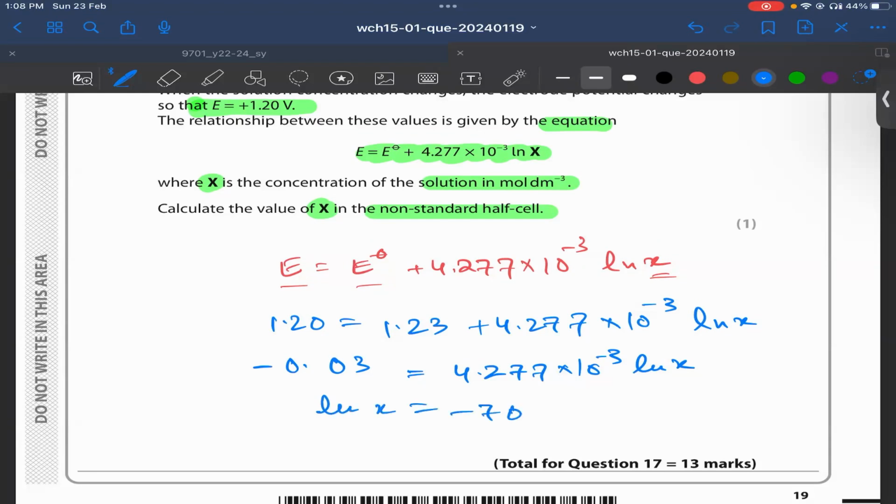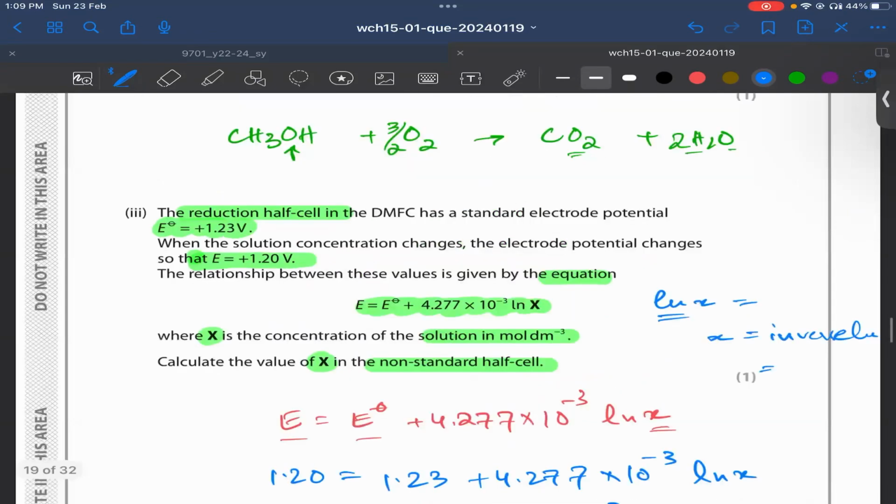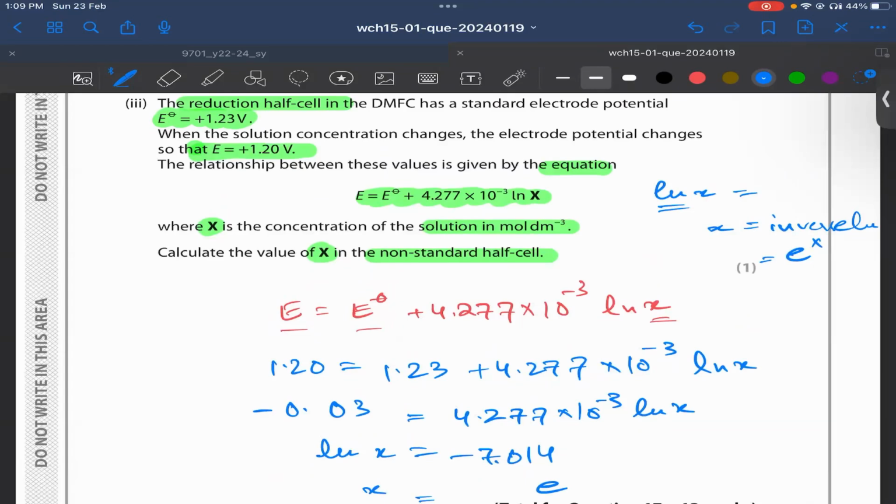This is the answer, 7.014. And then we'll take the inverse. When it goes on the right side, it becomes natural log inverse. So the inverse of natural log is e to the power x, Euler's constant.